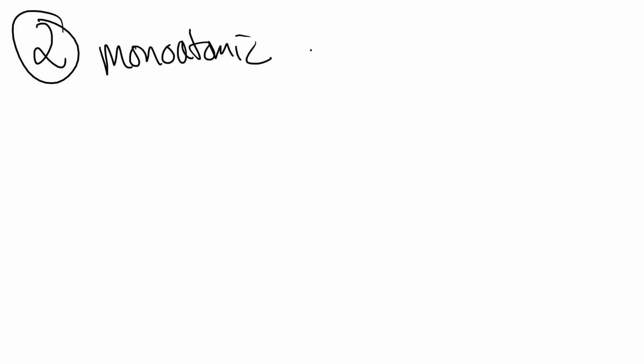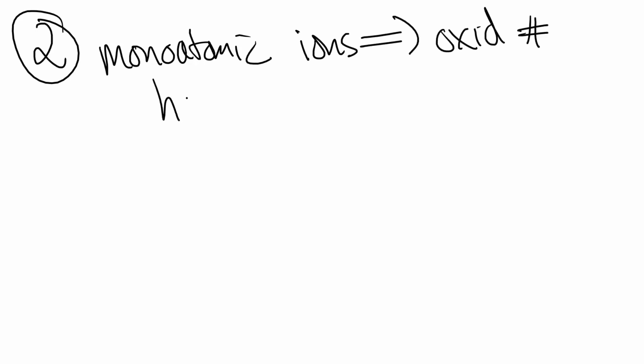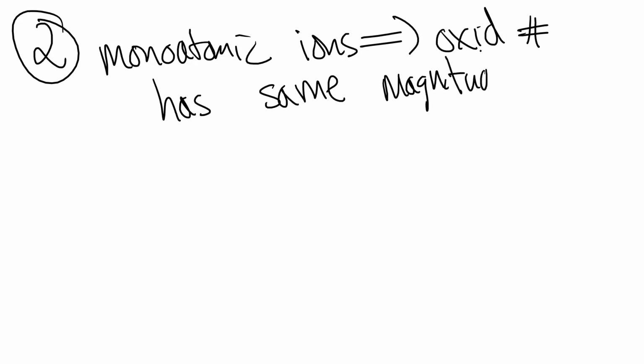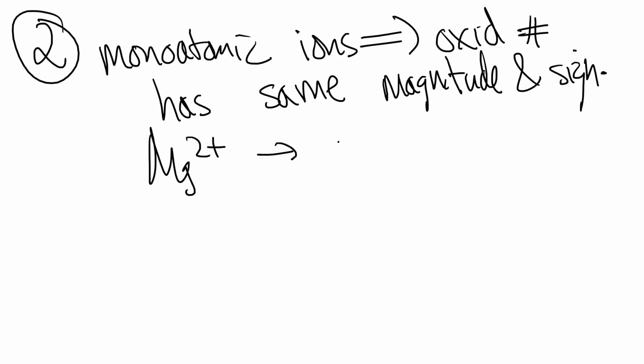Next. Monoatomic ions. The oxidation number has the same magnitude and sign. So magnesium 2+ means the oxidation number is +2.